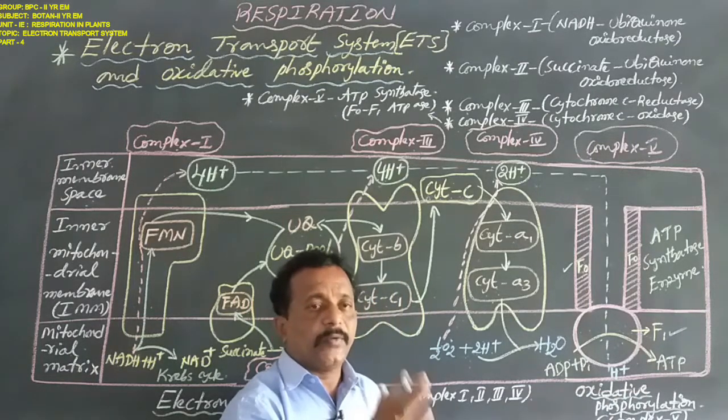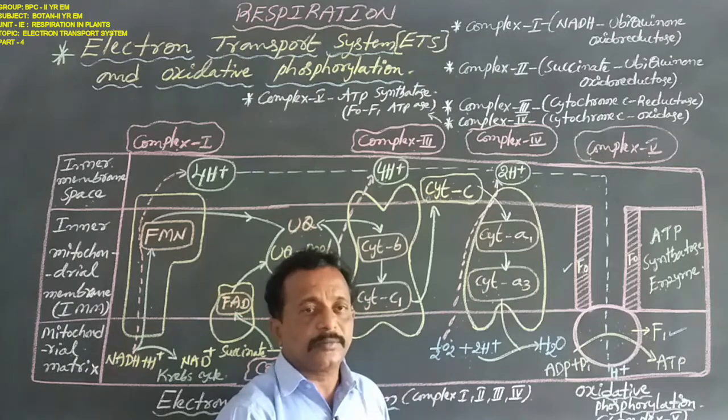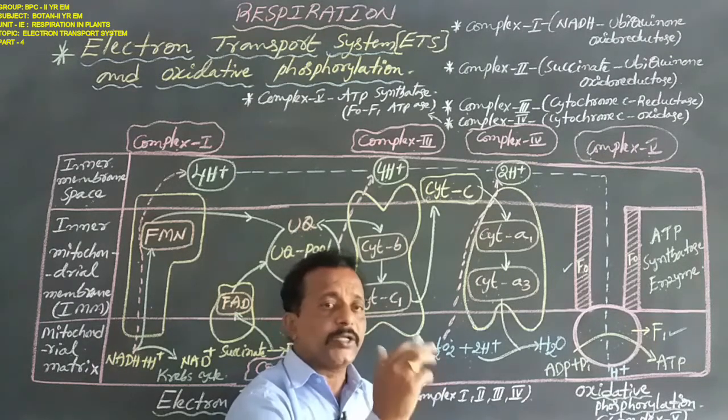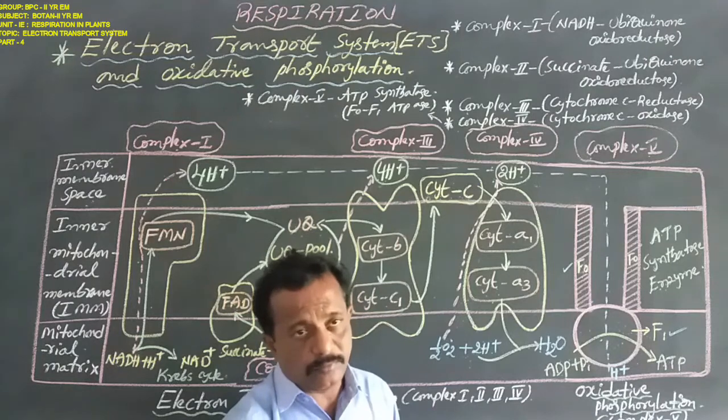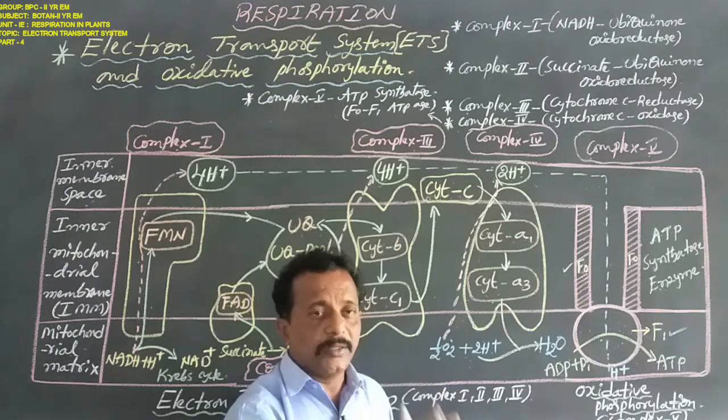Generally, 1 electron equals 2 protons, but 3 protons form 1 ATP molecule. That is the common process.